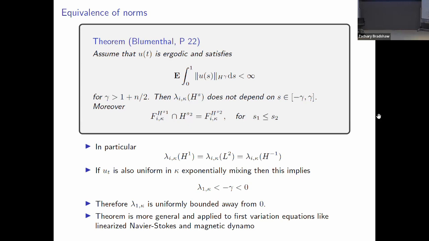The idea is that I can replace this moment condition in terms of the time 1 evolution of the scalar, if that has bounded logarithmic moments, just the time 1 map of it. It's because of the cocycle property and ergodicity. You can just look at time 1.